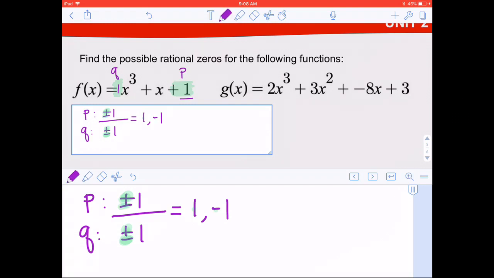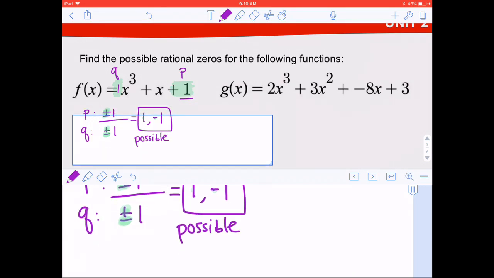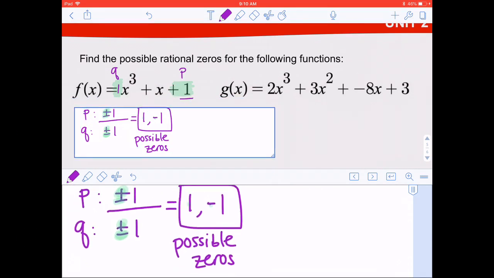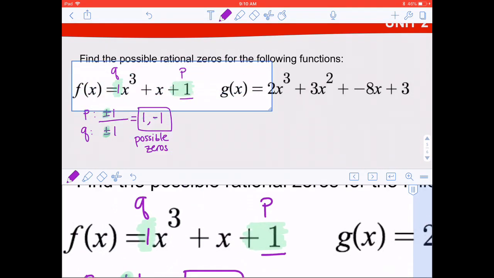So these right here represent our possible zeros. So x could equal 1, could also equal negative 1, but we'd have to use synthetic division or some other test to make sure that these are actually zeros of the polynomial.